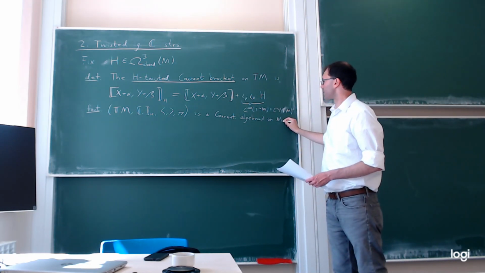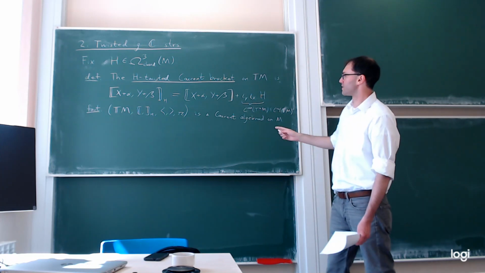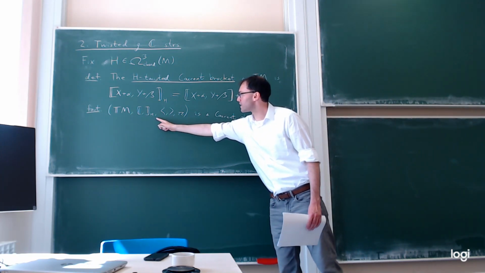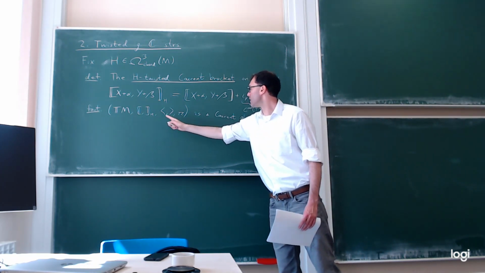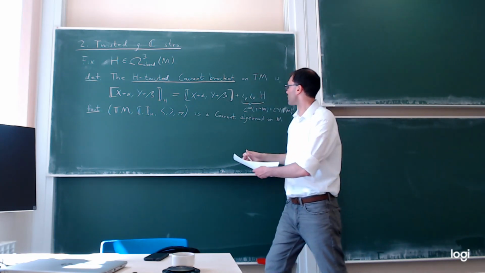So I'm not going to write them out again. But in any case, this H-twisted structure is again an example of a Courant algebroid.